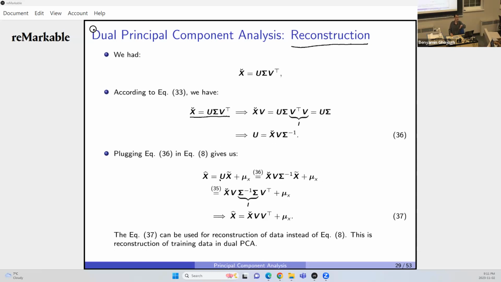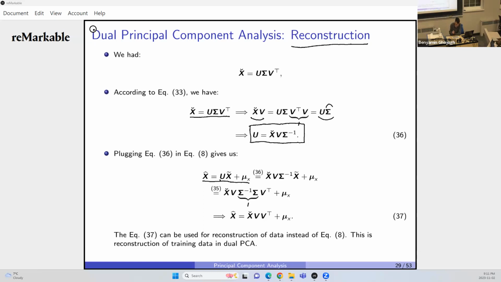Right multiply both sides by V. So you have X breve V equals sigma V transpose V. V transpose V appeared according to the properties of SVD. V is an orthogonal matrix, V transpose V is I. So you'll have U sigma. Now sigma here is the pain in the neck. Right multiply both sides by sigma inverse. So U becomes this. Agreed?